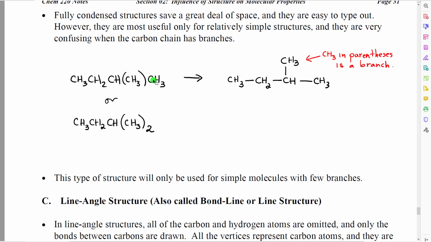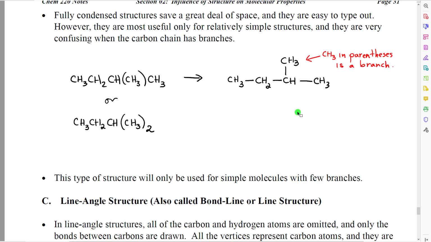Even worse, in a sense, what we have is a CH3 and a CH3 both attached, kind of branching from this carbon. So sometimes you might even see this written, both of the CH3s in parentheses with a number 2, meaning one CH3 is branching off one way, one CH3 is branching off another way.